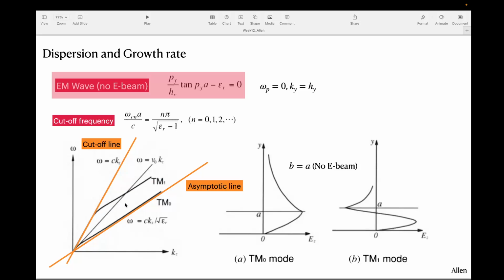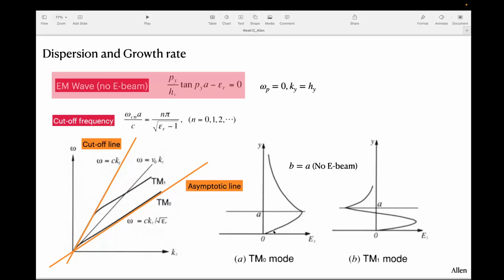They are all inside a region created by the cutoff line and also the asymptotic line, where the velocity corresponds to C, and C divided by refractive index. Here we have an extra line which corresponds to a drift velocity, and later we'll discuss the importance of this line being inside this region.